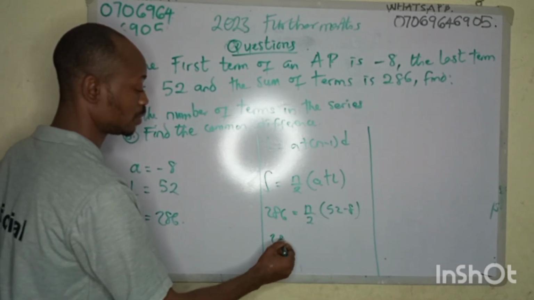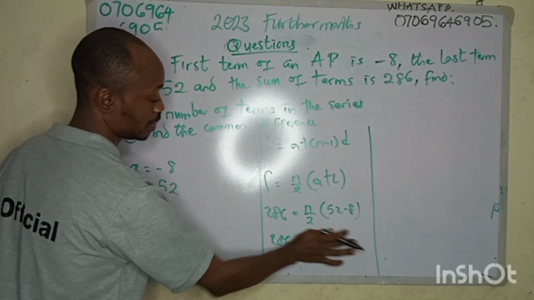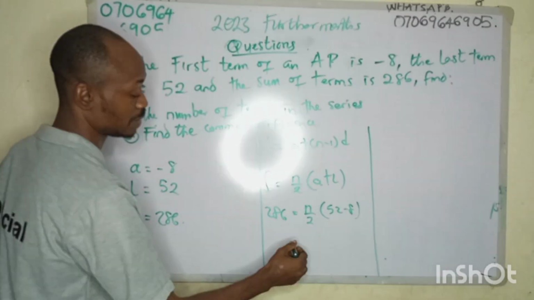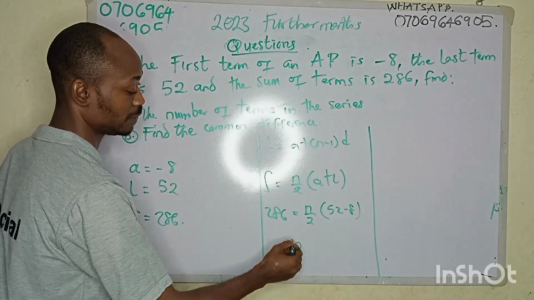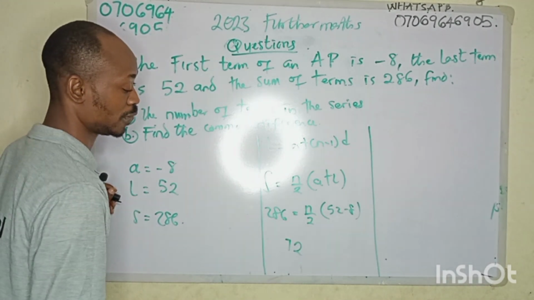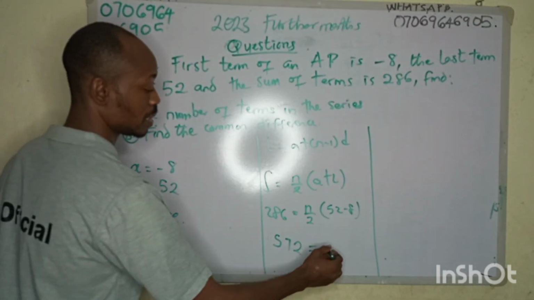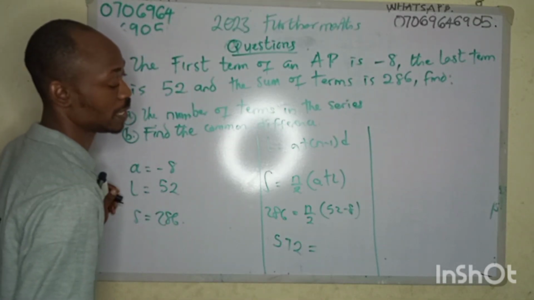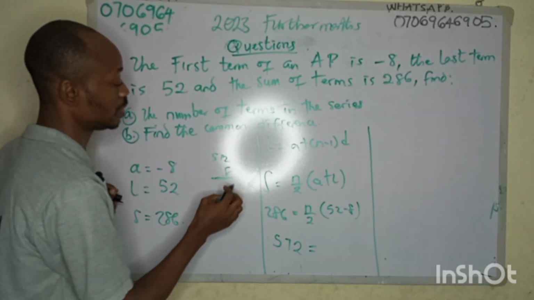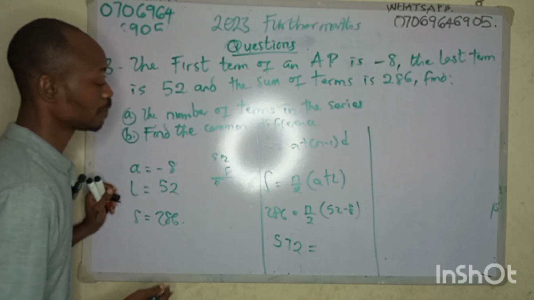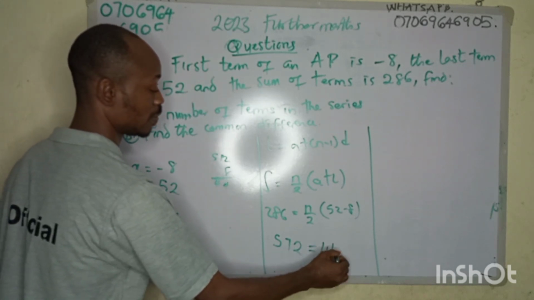We can cross multiply: 286 times 2, that's 572, equals n times (52 minus 8). 52 minus 8 is 44. So that's 572 equals 44n.